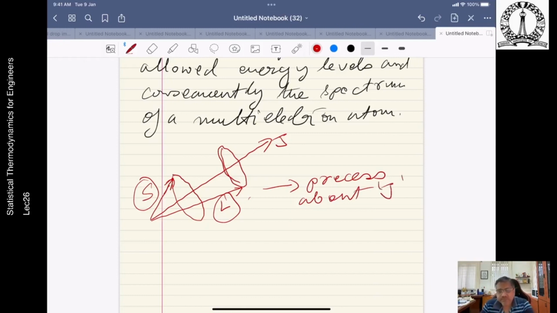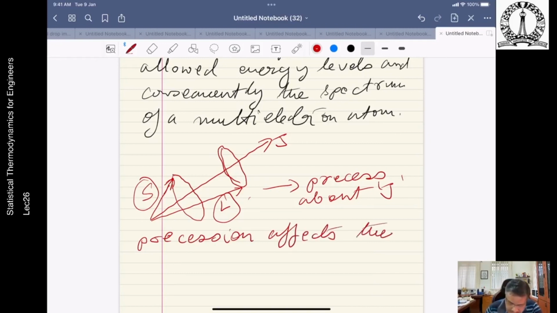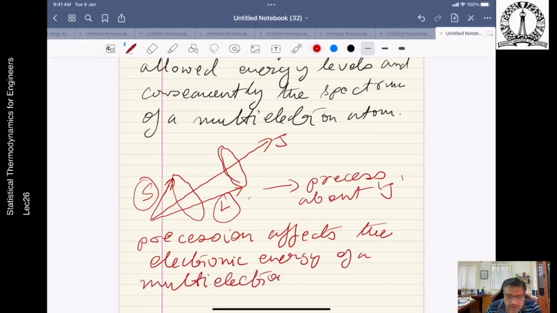Because of this coupling, this induced precession is produced, and this precession affects the electronic energy of the multi-electron atom.